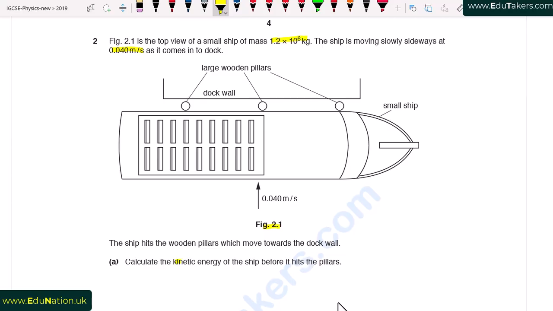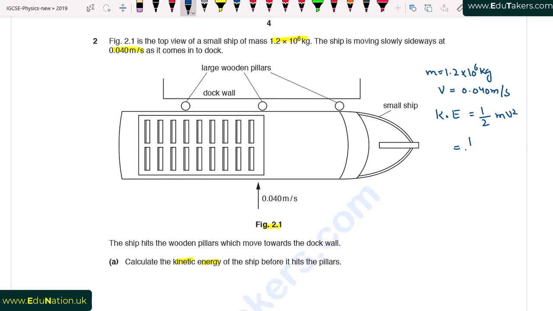Here we have to find out the value of kinetic energy when the mass and speed are given. Mass is equal to 1.2 × 10^6 kg, where speed is equal to 0.040 meter per second. Kinetic energy is equal to half mv square. It is the formula of kinetic energy.